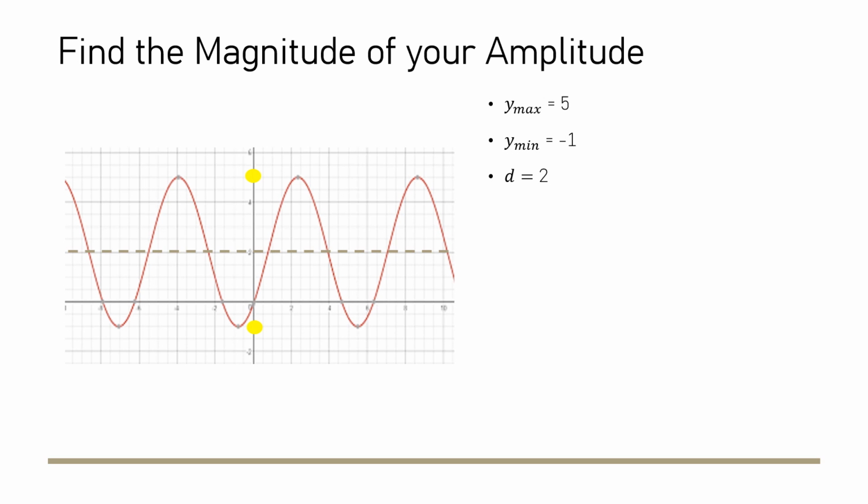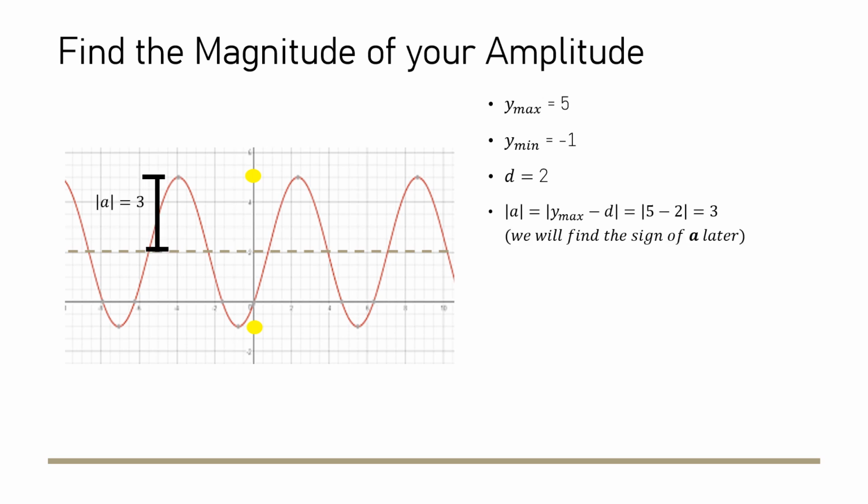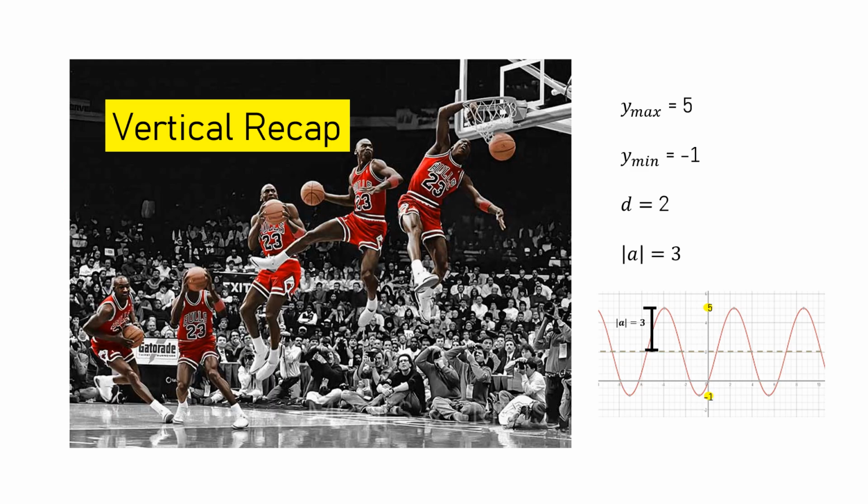And then our amplitude is just the distance from the midline to an extreme value. And we're just worried about the magnitude at this point. So we found our D and our A parameters already.